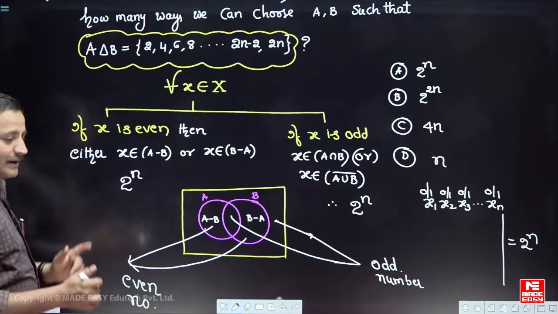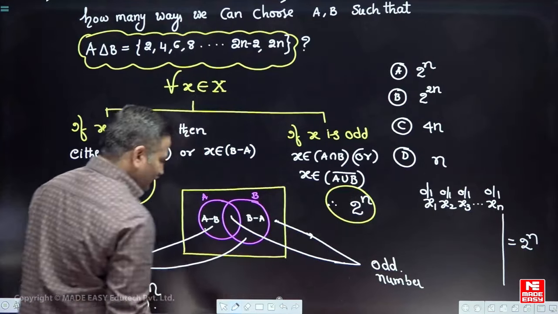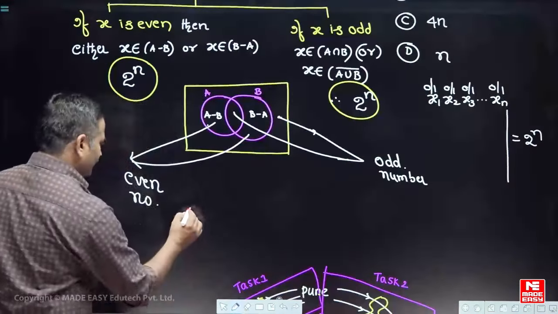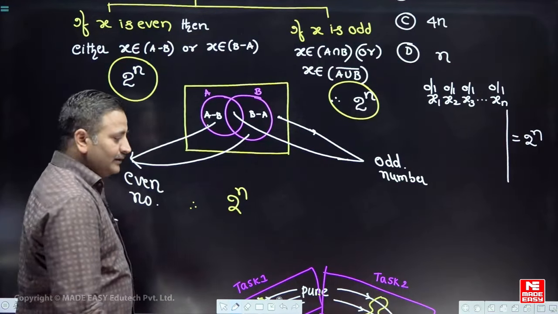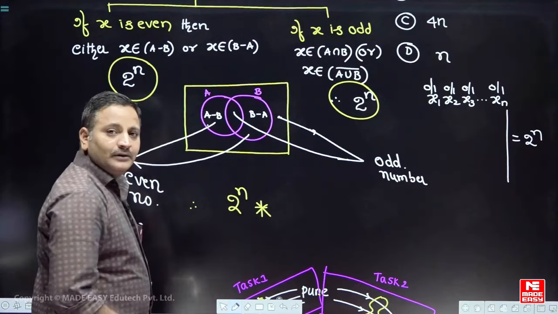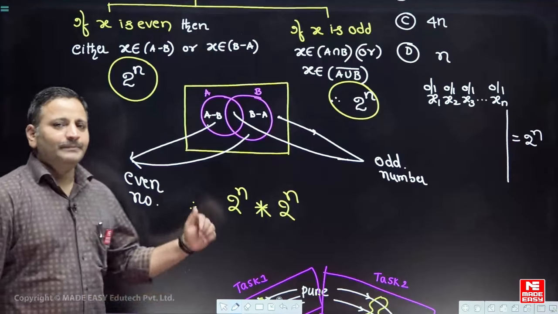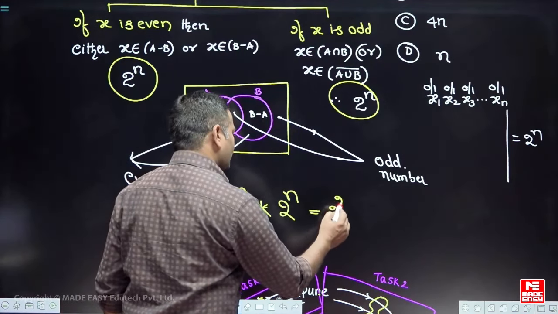So the total task will be completed by completing this task followed by this task. Therefore, the correct answer for this question is 2 power n ways we can place even numbers into A delta B followed by 2 power n ways we can place odd numbers into the remaining place. Clear, friends? Therefore, the final answer is 2 to the power of 2n.